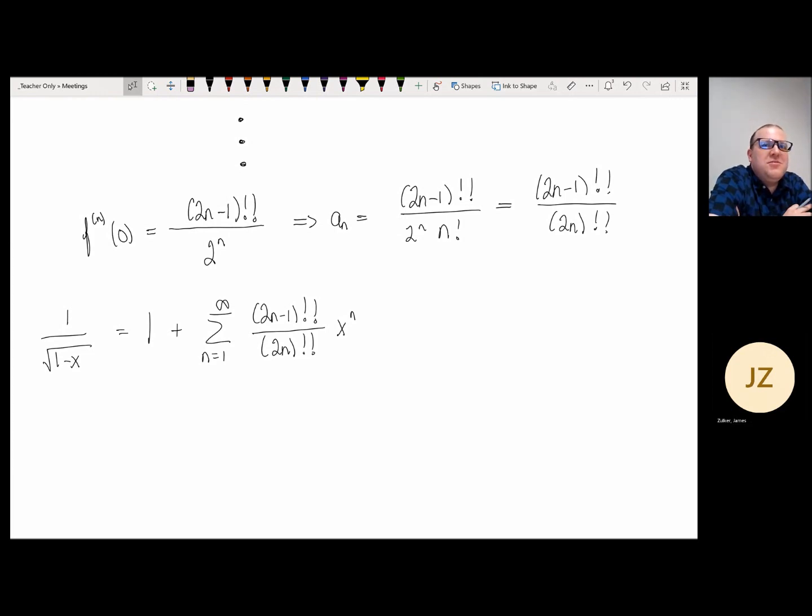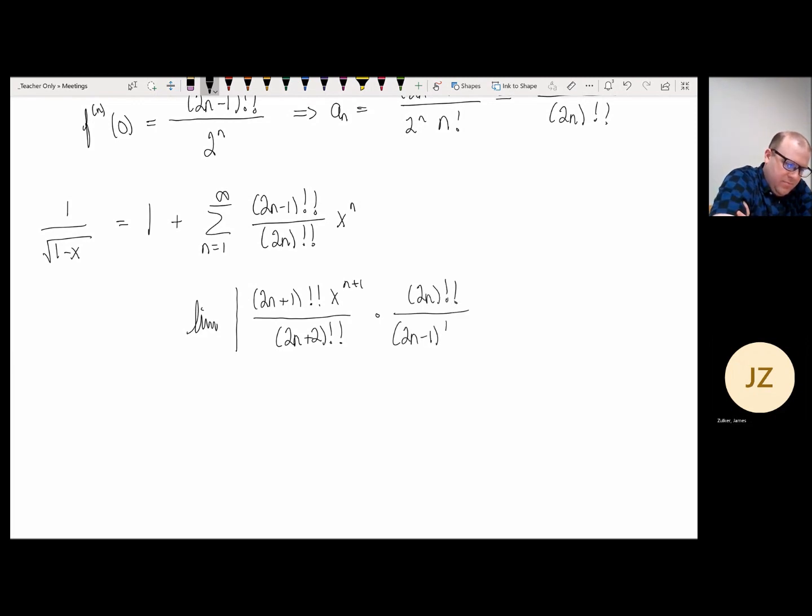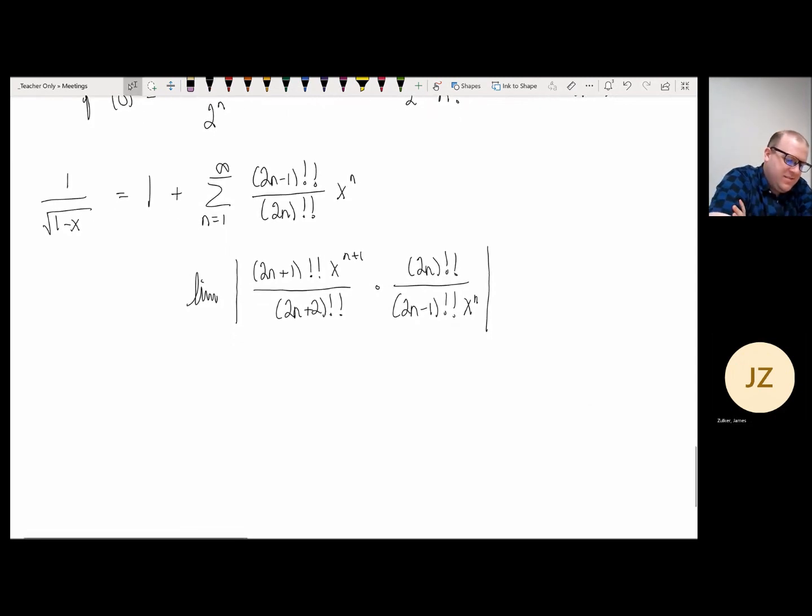We need its interval of convergence. So we're going to take a look at that limit. Good news, this is actually an easy limit.